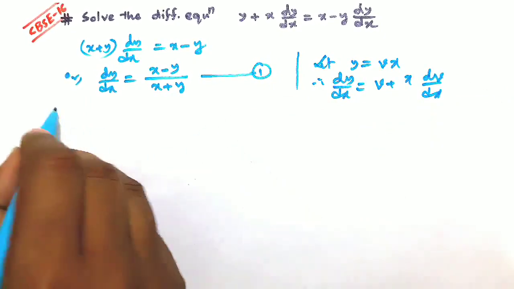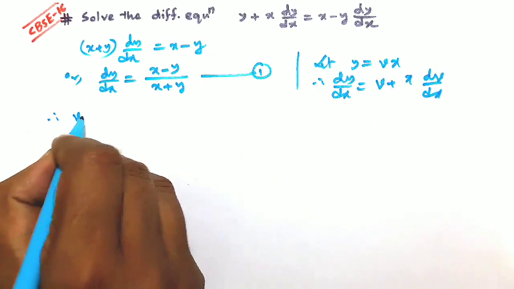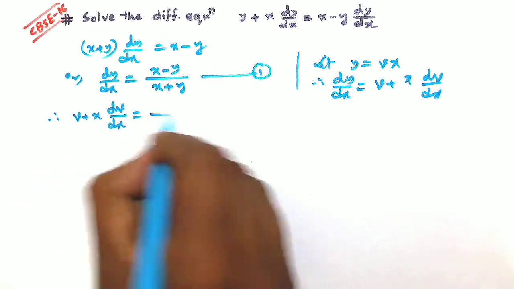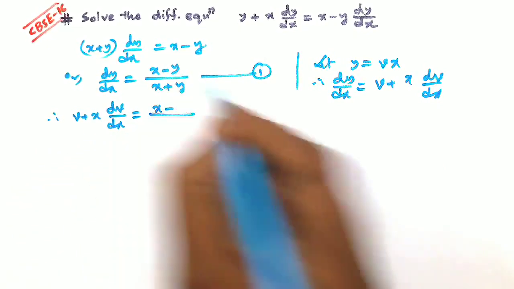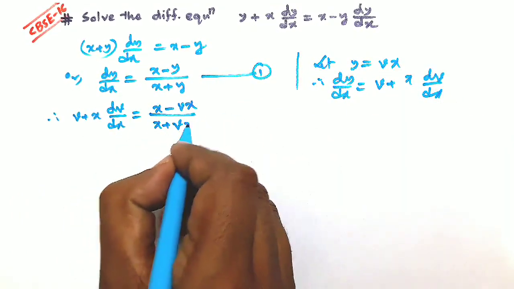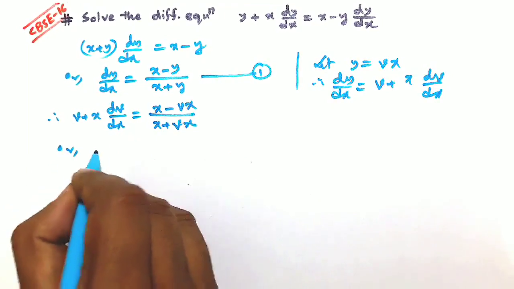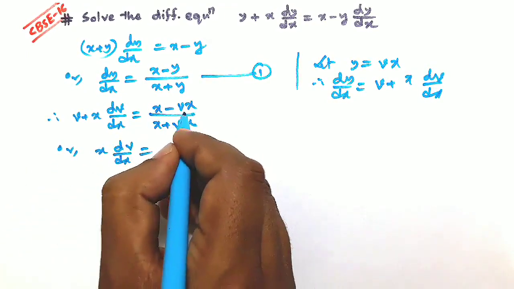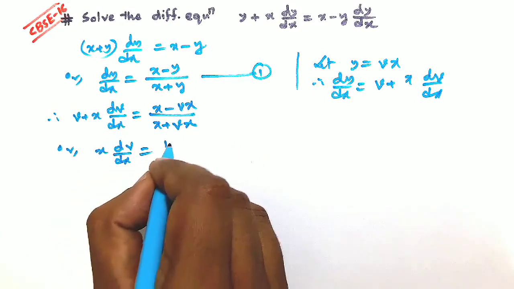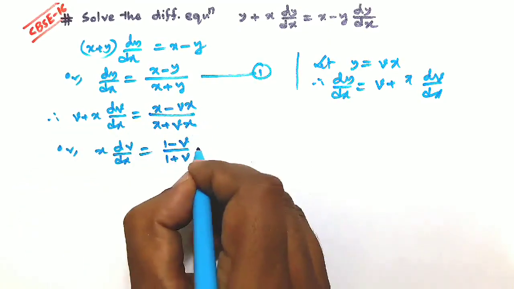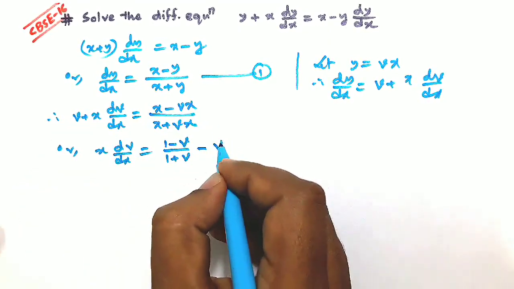So replace this. Therefore v plus x dv dx is equal to x minus y, y is equal to vx, divided by x plus vx, or x dv dx is equal to, you can take x common and cancel, so it will be 1 minus v upon 1 plus v, and this v will be transferred to right side minus v.